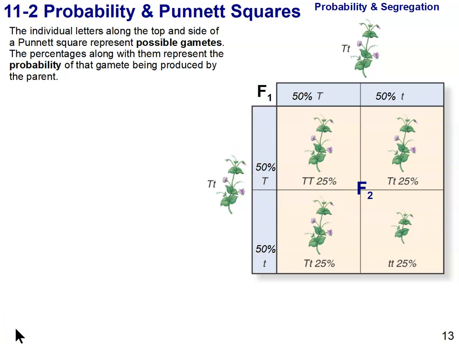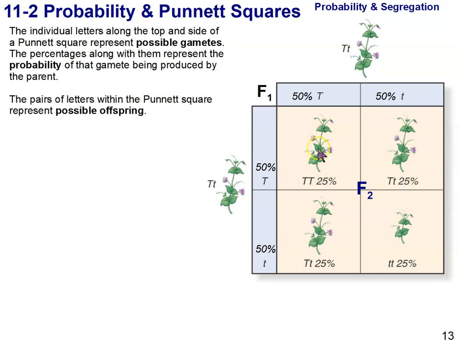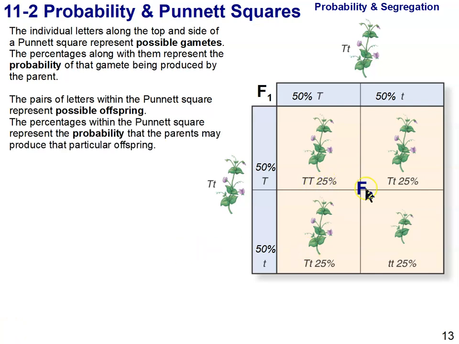It's a 50-50 chance. Then, of course, as you know, the pairs of letters within the Punnett square represent possible offspring. So again, everything is possible: possible gametes, possible offspring, because Punnett squares are used to simply predict what might happen. Likewise, the percentages along with these represent the possibility of having any one of these four combinations of gametes.